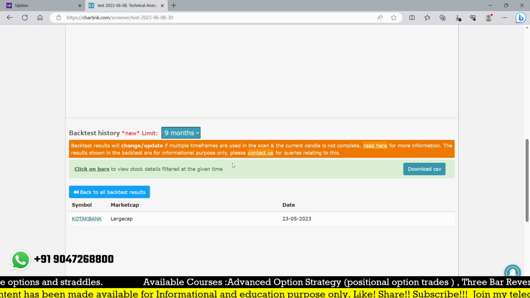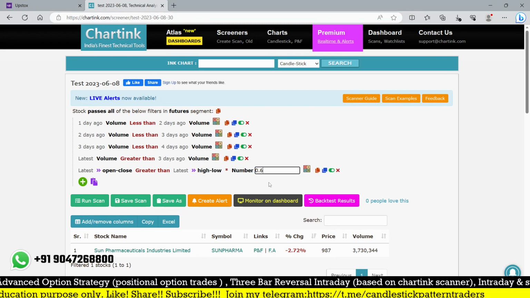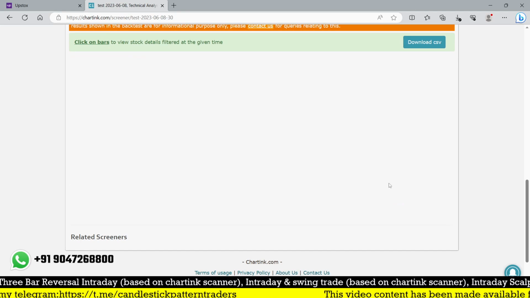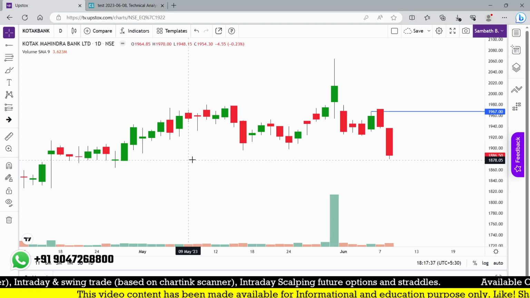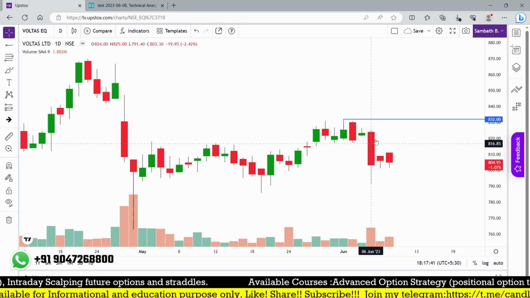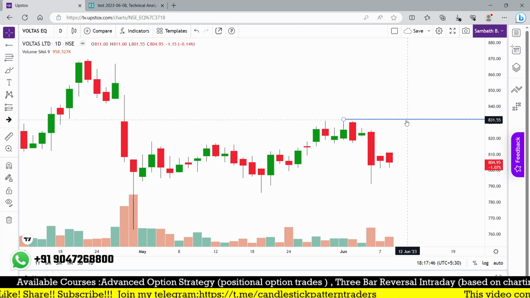So that should be working well. Maybe this is what our condition is. So let me go for 0.6. We can also use the high and low. So maybe if we change that, we can get more stocks. And Voltas, two days back. Let me confirm with Voltas. Yeah, it's a bigger candle on the 6th of this month and did not give such a breakout.